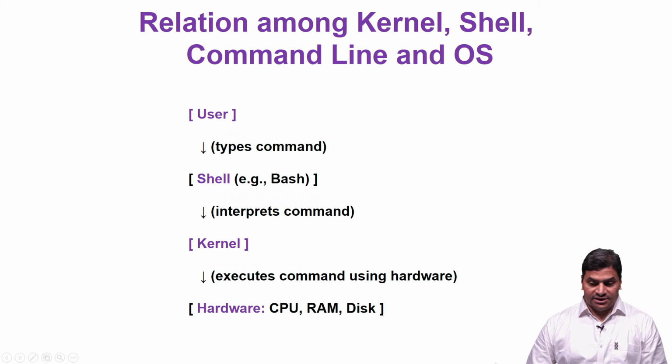Relation among kernel, shell, command line and operating system. You can think of the user typing some commands, the shell gets that instruction and interprets that command to the kernel, and the kernel executes those commands using hardware, and the process is actually done by the hardware.